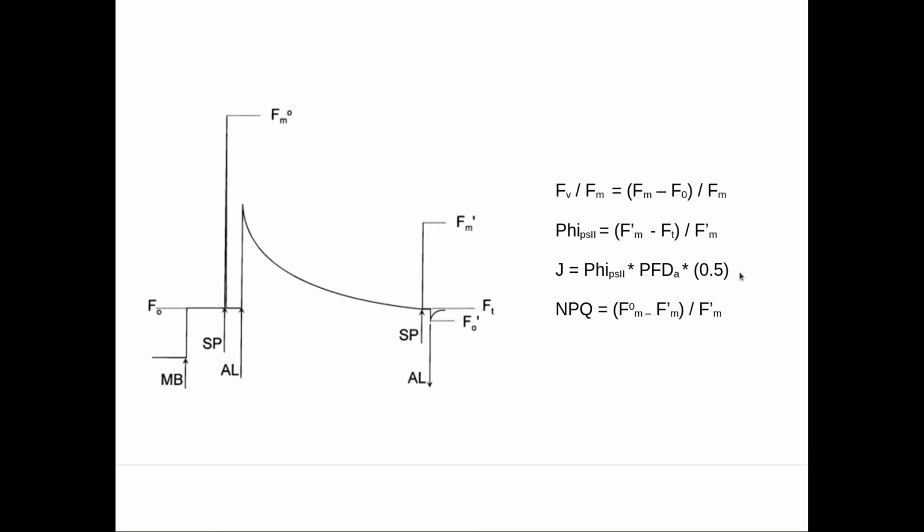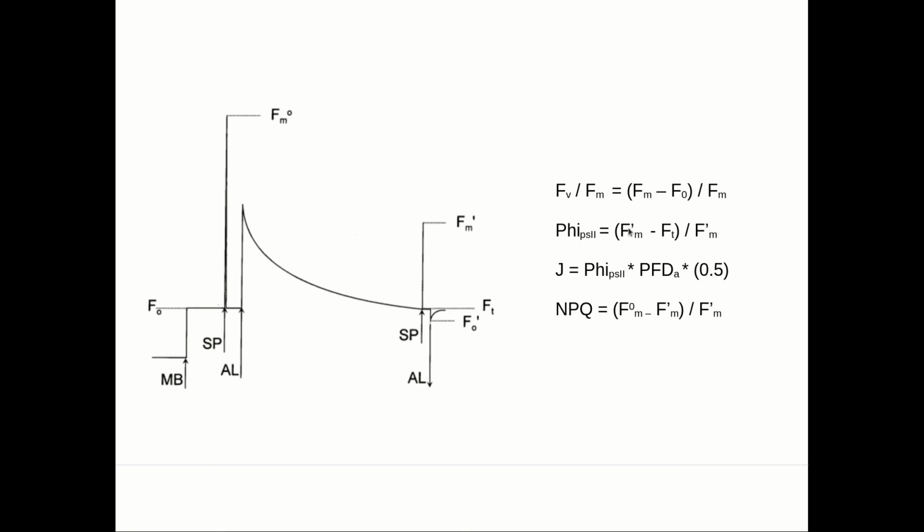And the other problem is that it's very hard to actually measure the exact amount of light that's absorbed by the leaf. And so often we end up estimating this as a relative term based, instead of on the light absorbed by the leaf, on the light hitting the leaf, which we can measure with a light meter. But in any case, this parameter gives us a little bit of a sense about how much photosynthesis is actually taking place.